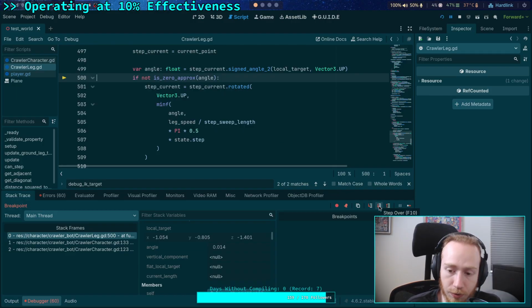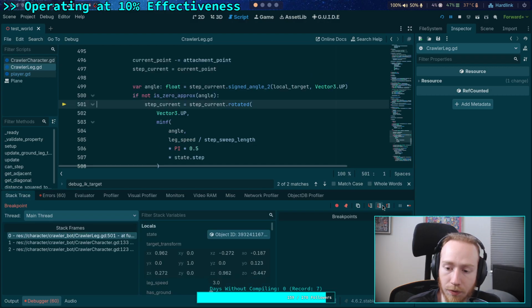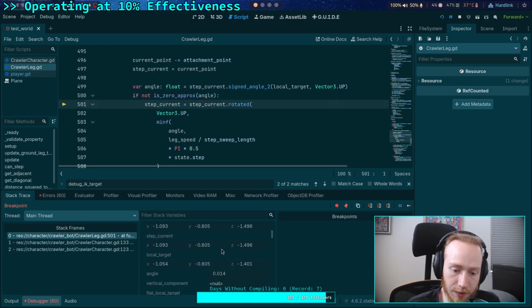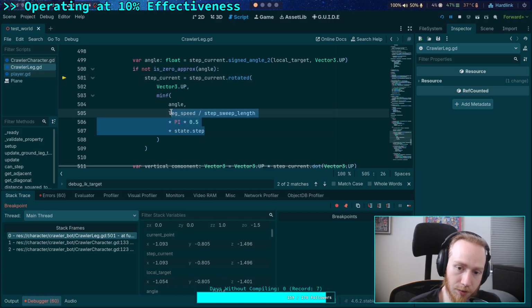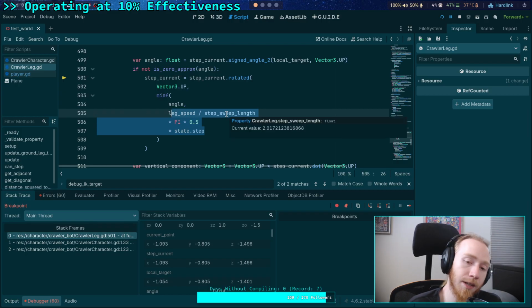Okay, so what I will do is I take step current and I rotate it on this axis, the smaller value between the angle and this calculation. If I were to calculate that out, that's like 1 times pi times 0.5.